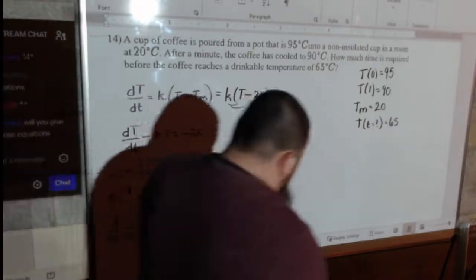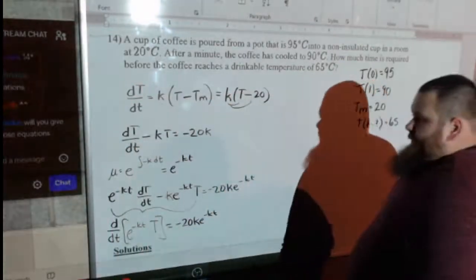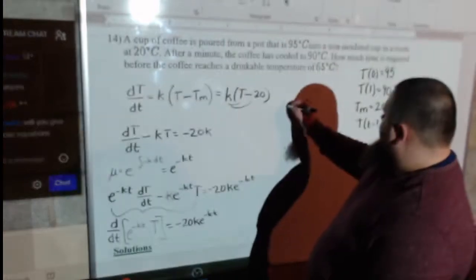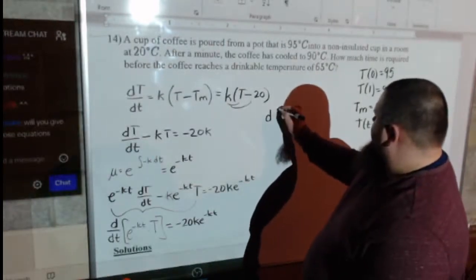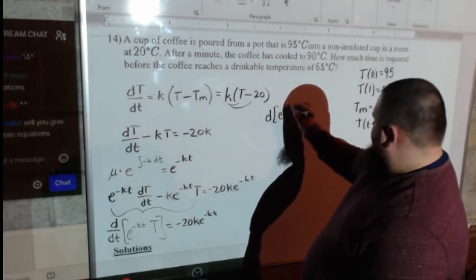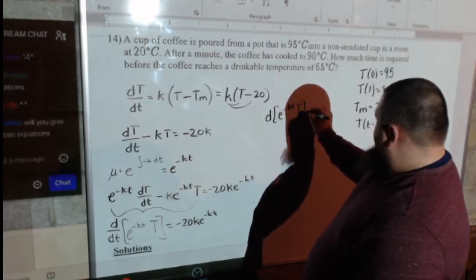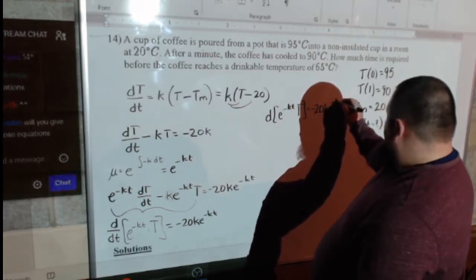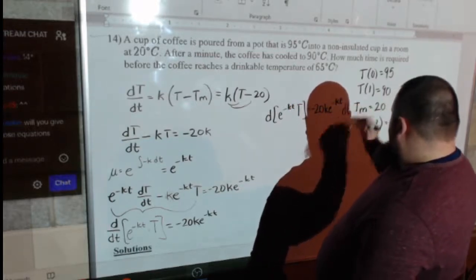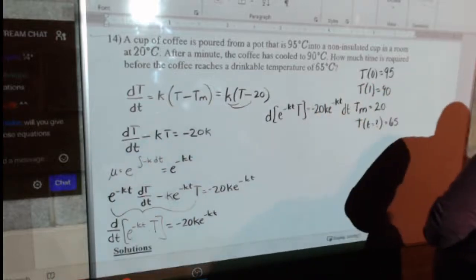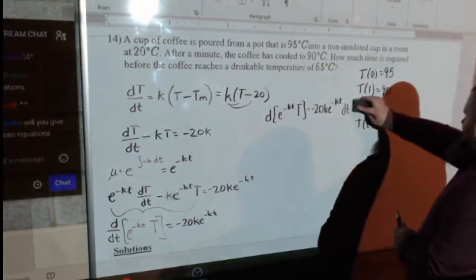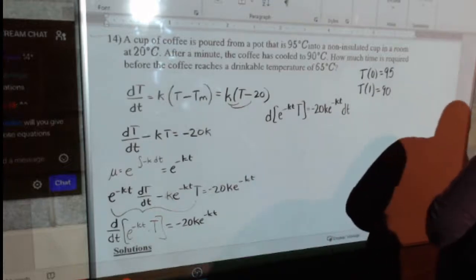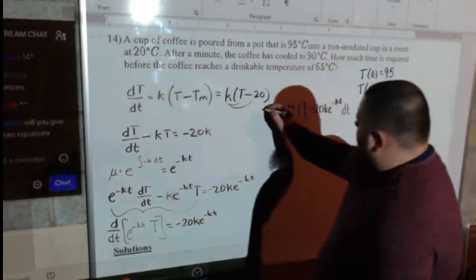Let's come over here. Take the dt to the other side. And integrate.